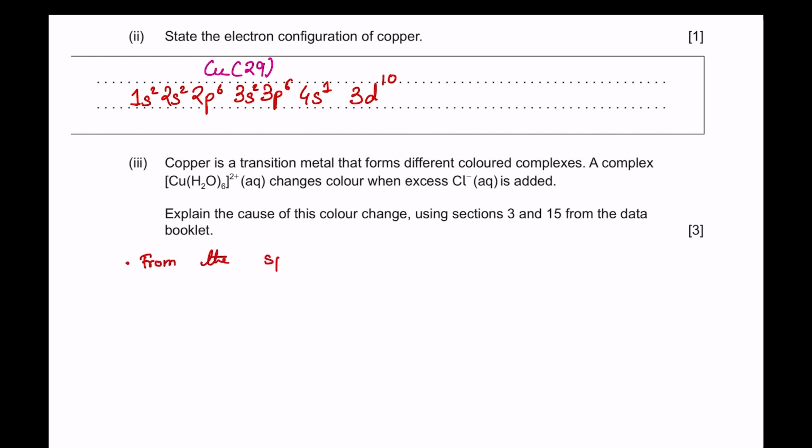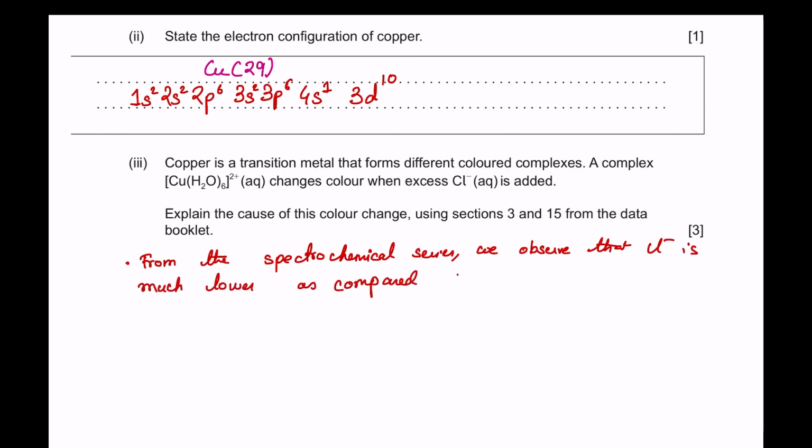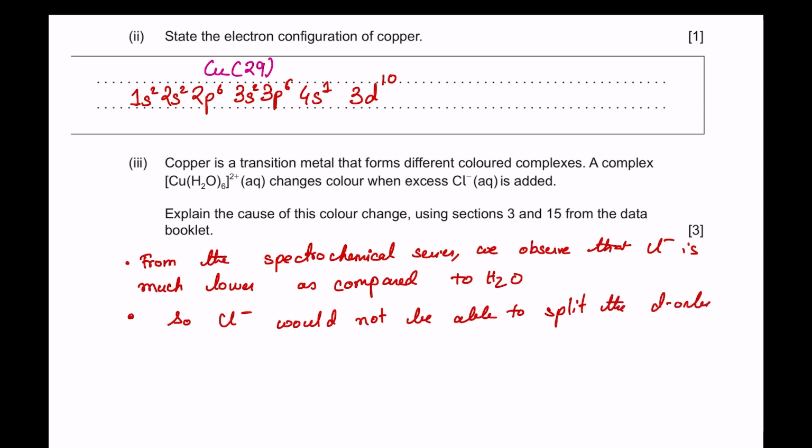From the spectrochemical series, Cl minus is much lower as compared to H2O. This should be our first point. The second point is that Cl minus will not be able to split the d orbitals as much as H2O.